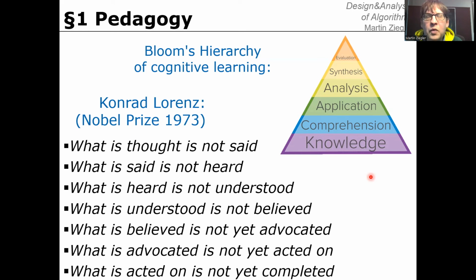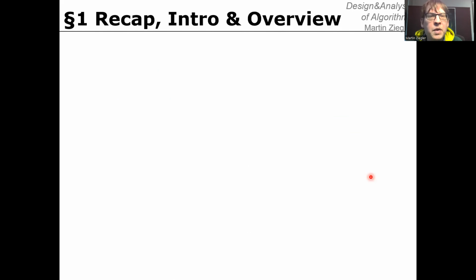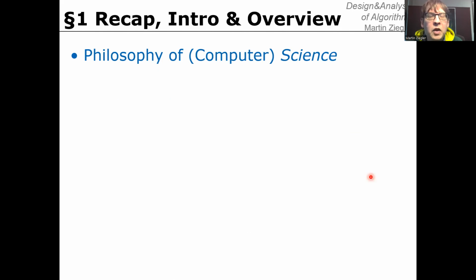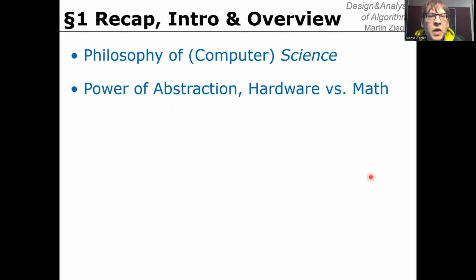So that's all for this first chapter 1. We talked about philosophy of science and its application to computer science, with the virtues of computer science and its differences to electrical engineering. We talked about the power of abstracting, being able to ignore lower levels in order to better focus on advanced layers, such as designing a sorting algorithm rather than first starting by coding as I did.